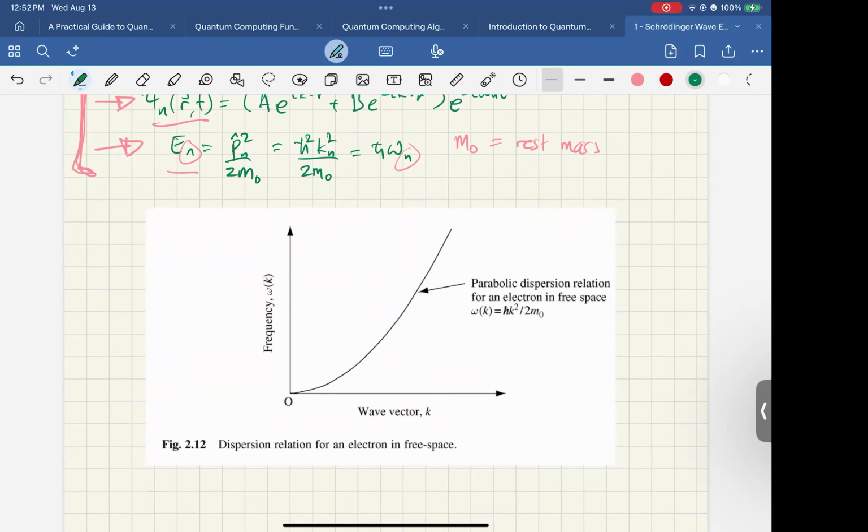This is actually a plot of energy as a function of momentum. How did that happen? Actually, what is written here is frequency, but if you multiply this by h bar omega, then you get energy. And what is written here is wave vector, but if you multiply the wave vector by h bar, then you get momentum. So this is the plot of energy versus momentum.